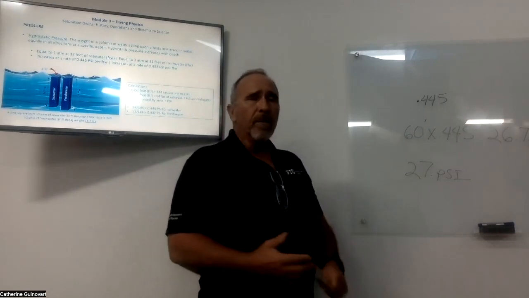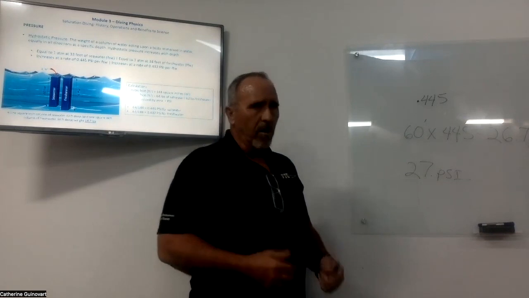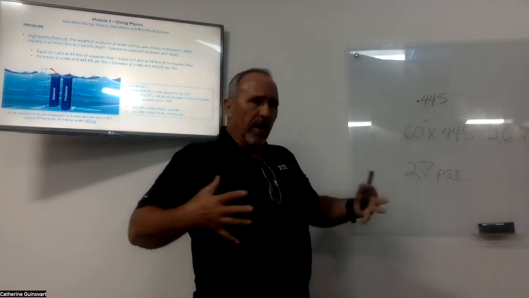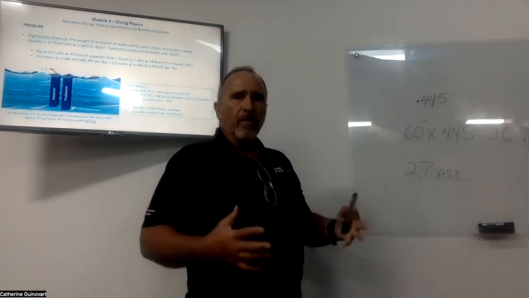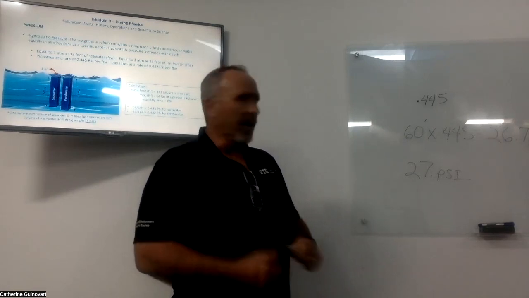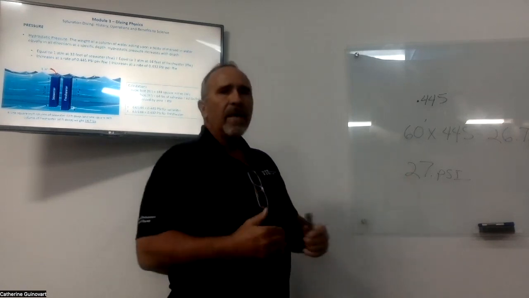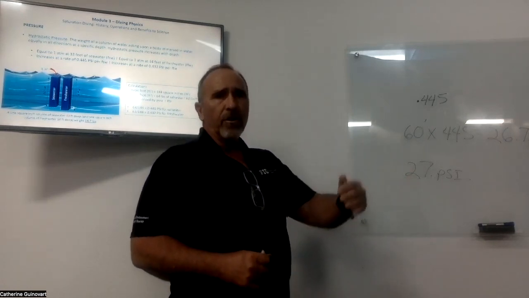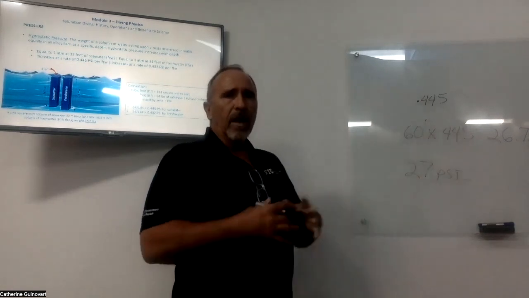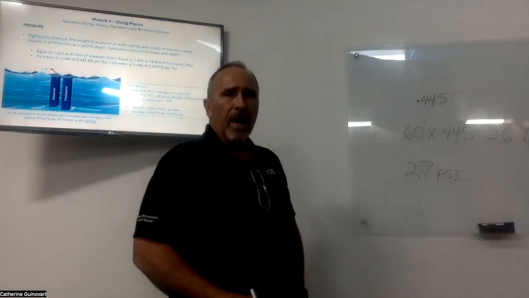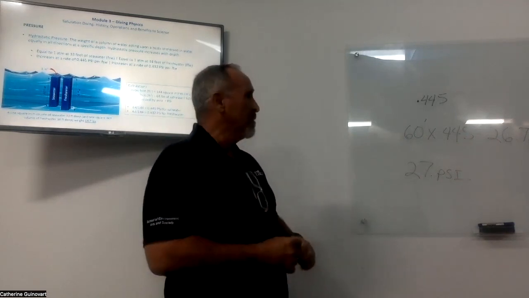You're going to be able to breathe, but you're going to be working really hard. You're going to be breathing hard to suck that out and try to get your lungs to expand against that water pressure. So what you would do then is say, I need a certain amount of pressure above that, so it's easier for me to breathe and expand my chest against that ambient water pressure pushing back against the lungs.